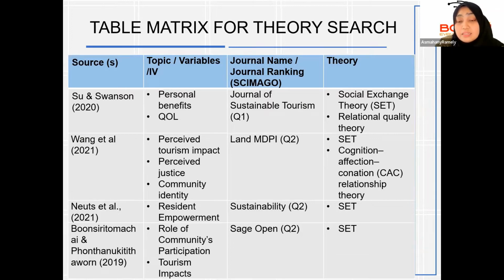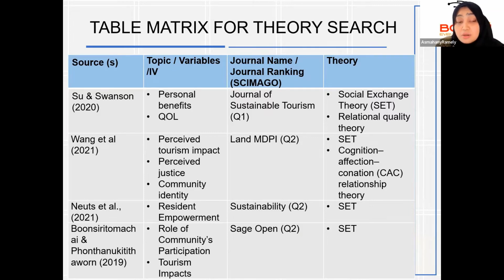Because we are at the stage of theory research. This stage is very important, because if we wrongly pick the theory for our PhD study, can you imagine what's going to happen? The possibility for you to fail the viva is very high. The theory is strongly related to the theoretical framework.